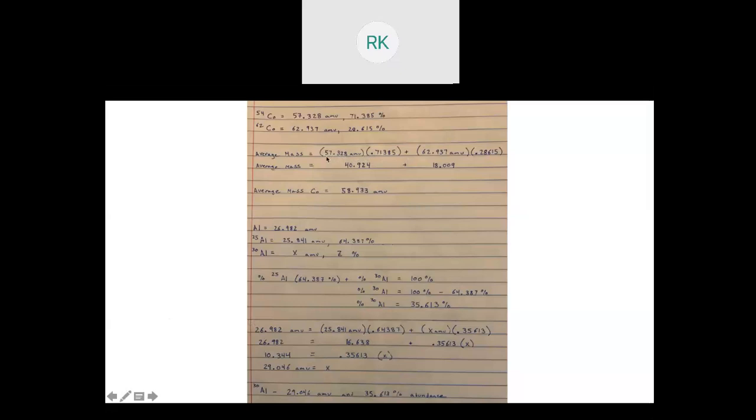So we multiply 57 AMU by 0.71. But when we're looking at a different isotope, it's a plus sign that separates them, right? So on the left-hand side of the plus sign, we have information about cobalt-54, but on the right-hand side of the plus sign is all of our information about cobalt-62, okay?